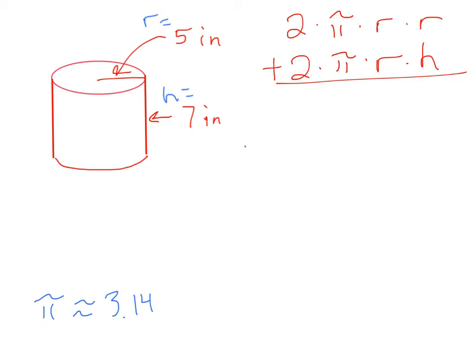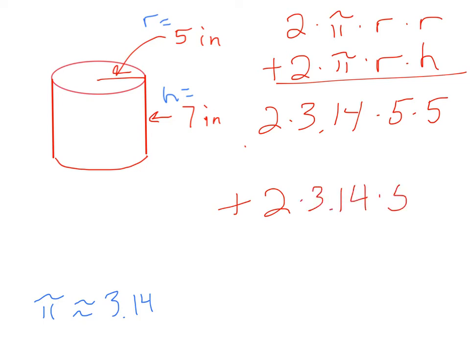So in our calculators, we will type in 2 times 3.14 times 5 times 5. And then we will add that to 2 times 3.14 times 5 times 7. And I'm going to add those in blue.